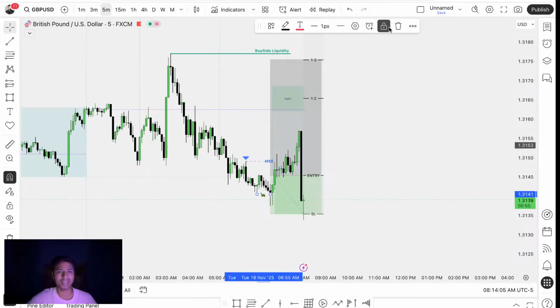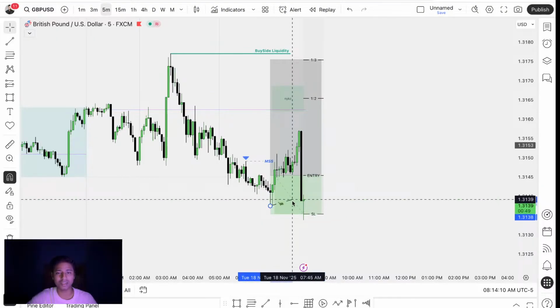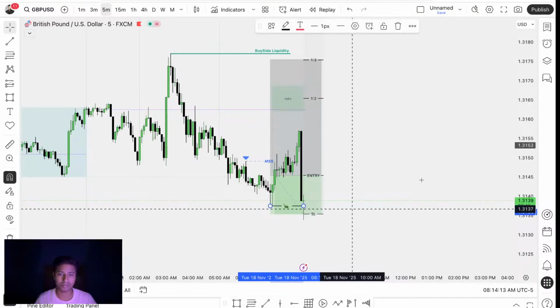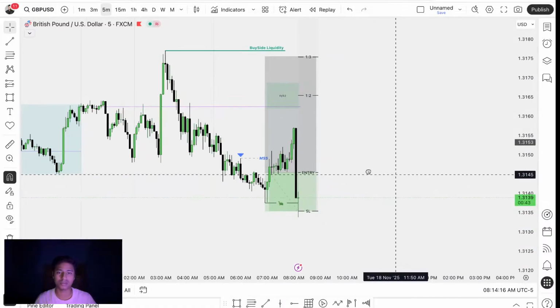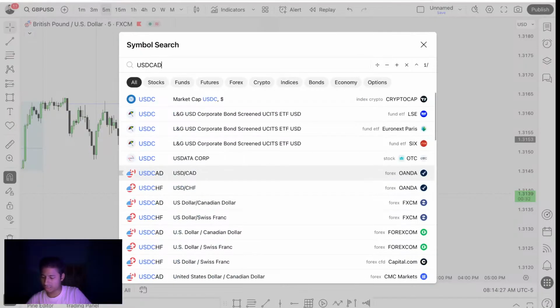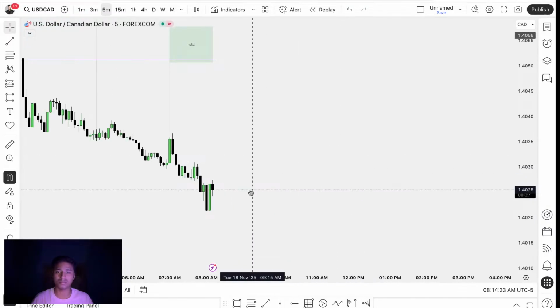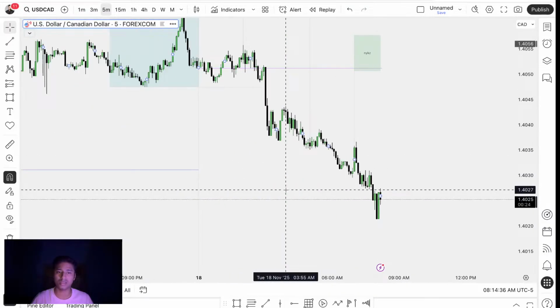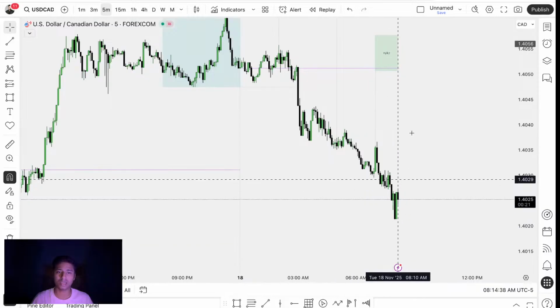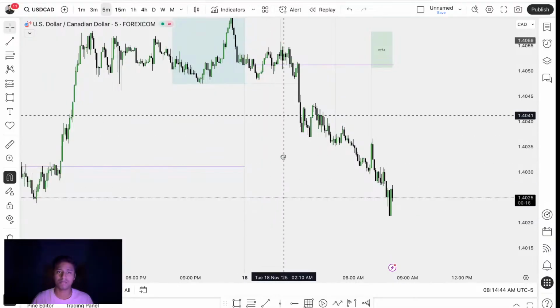So maybe I can get an entry again. Not thinking to risk it, but if I see a strong structure shift, let me try other pairs, like USDCAD. USDCAD price action is really good. So yeah, this can be a buy setup. Look, it looks like a buy setup, but it should reverse though.